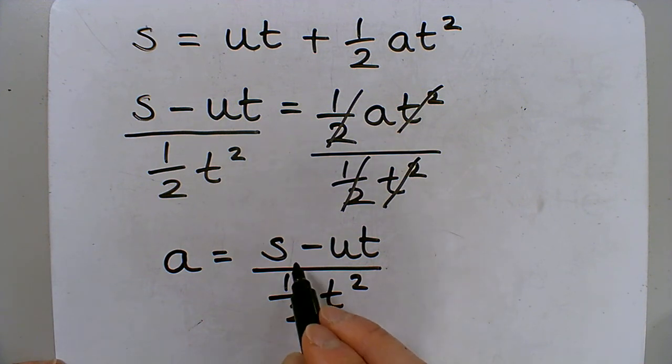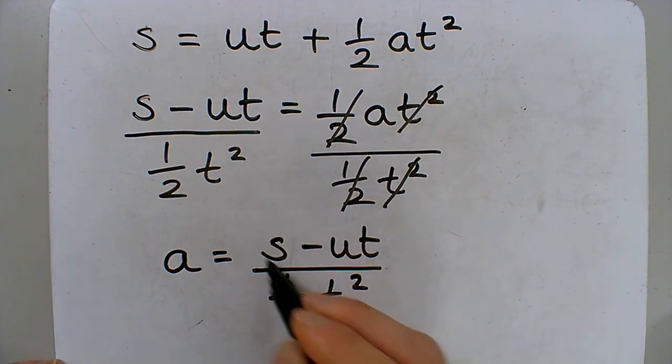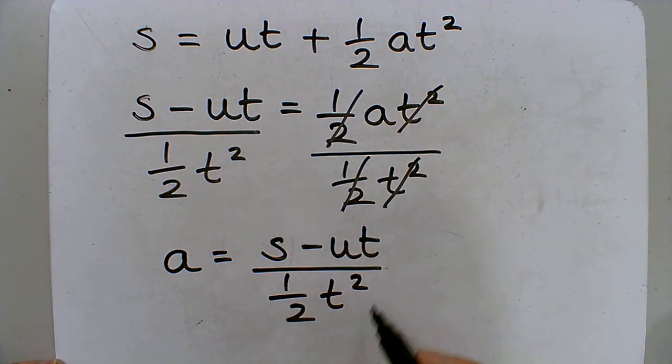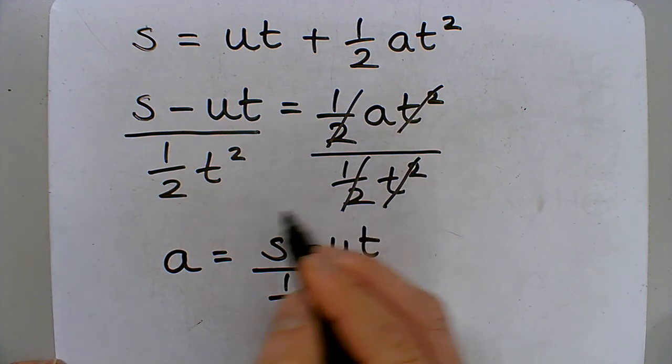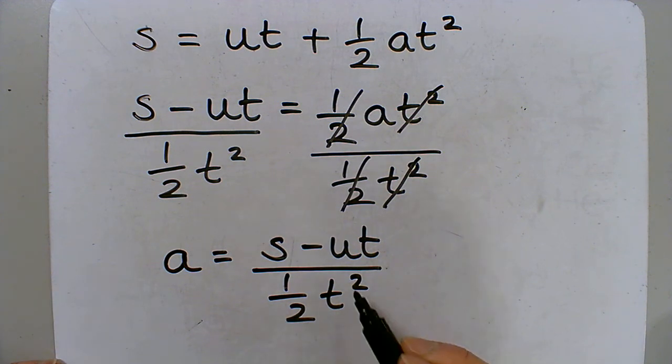So work out this answer first, this answer second, and then do the top divided by the bottom answer. Just a tip for you when you are doing your calculations on your calculator.